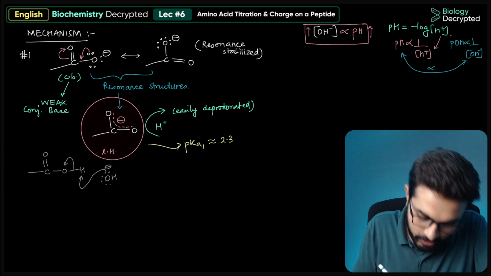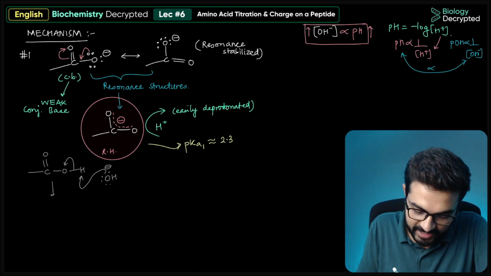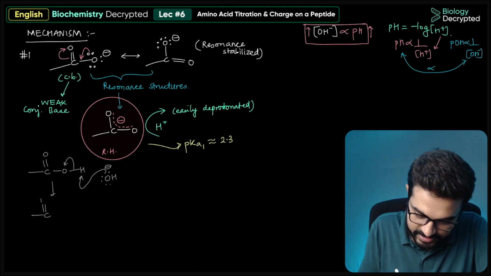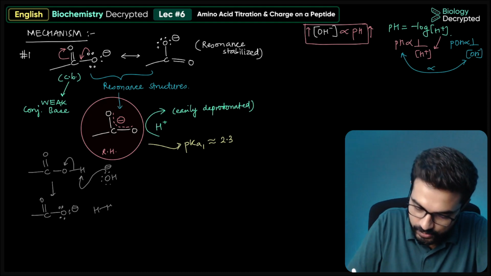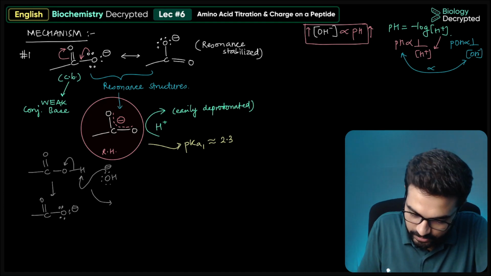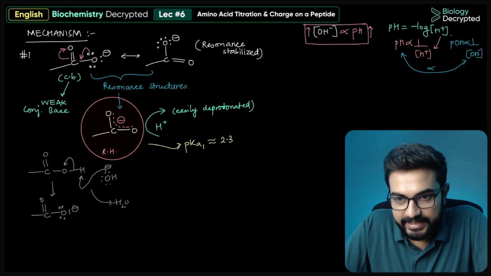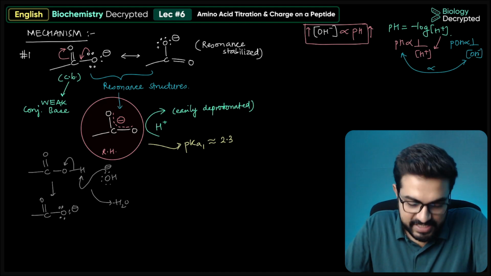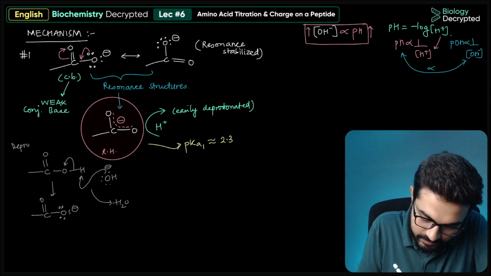The proton gives away its electrons to oxygen, and what forms is COO minus, and this is lost as H2O. This is how the carboxylate ion is formed, and this is the overall process of deprotonation during titration.